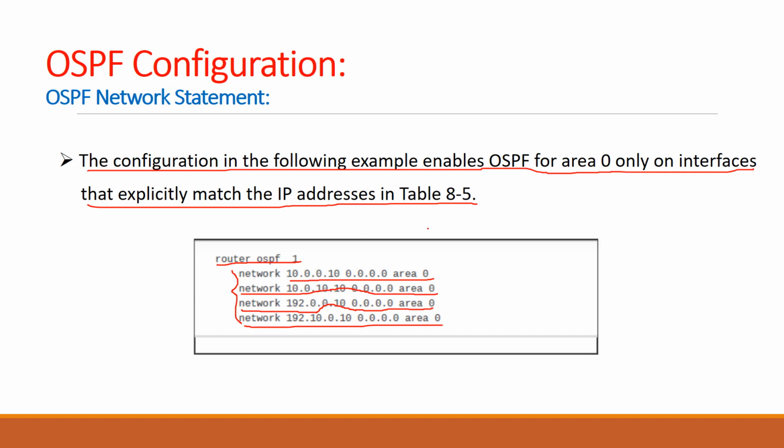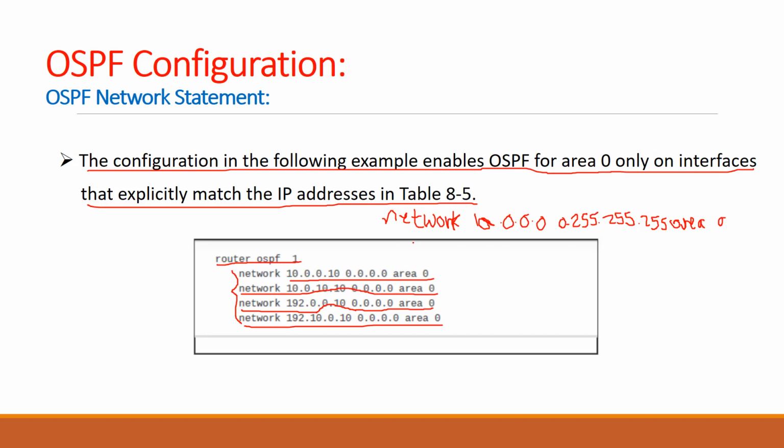So for example, you can use the network statement network 10.0.0.0 wildcard mask 0.255.255.255 in area 0.